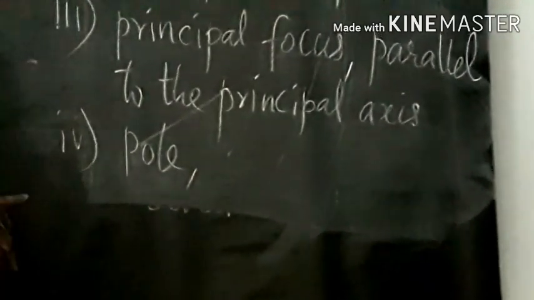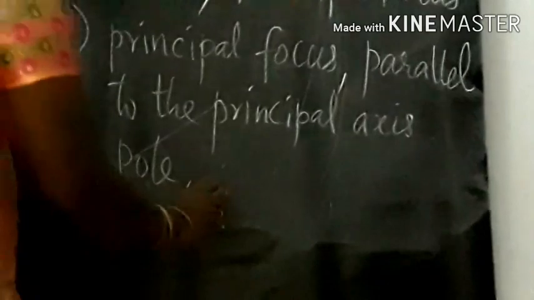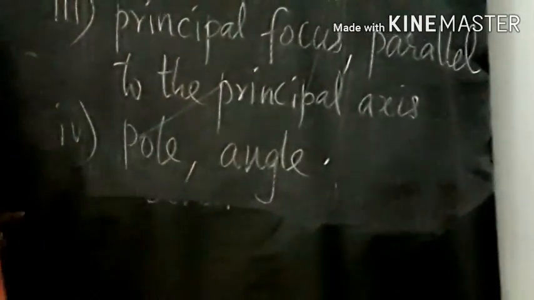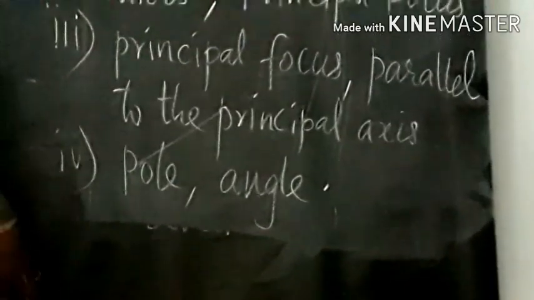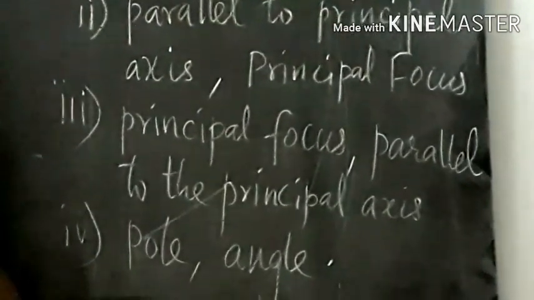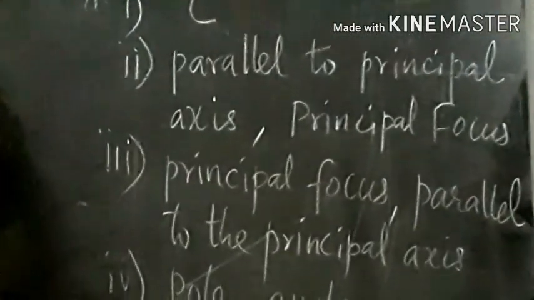And the fourth rule is that if a ray is incident at the pole, it gets reflected and forms an angle, so that the angle of incidence will be equal to the angle of reflection. So these are the four rules.